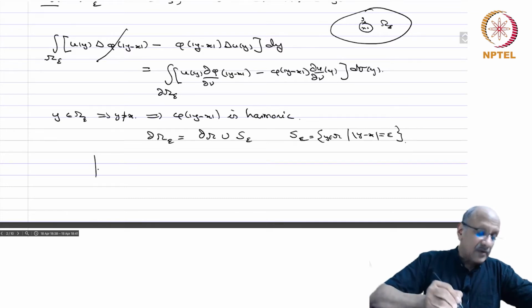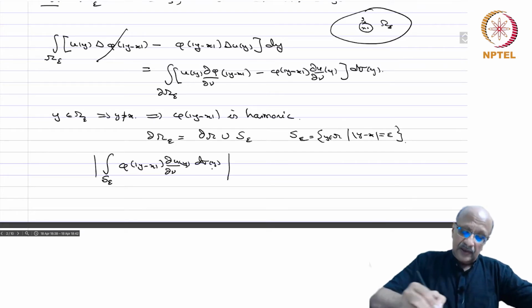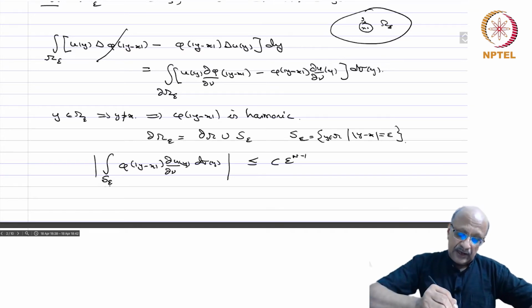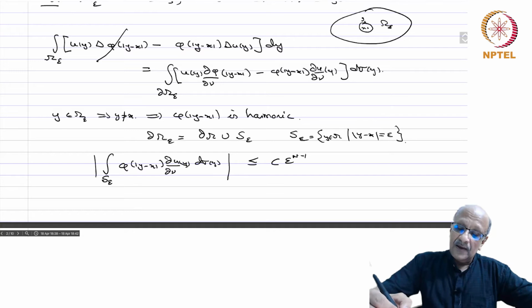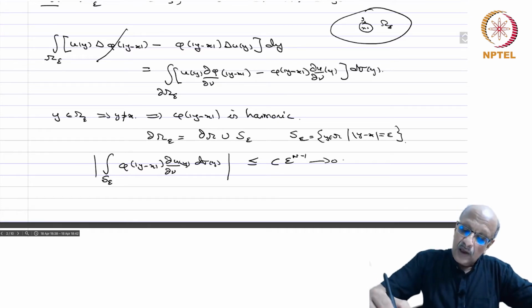Now, since everything is smooth, consider the integral on S epsilon of phi of mod y minus x times du by d nu of y d sigma y. Now, all these are bounded on S epsilon, there is no problem, and therefore this is less than or equal to some C times epsilon power n minus 1, because the surface measure of S epsilon is epsilon power n minus 1 times alpha n. Okay, so this whole thing is less than C epsilon, and that goes to 0 as epsilon goes to 0.